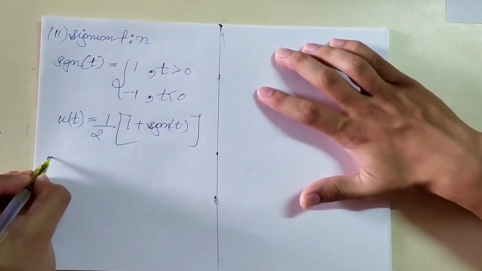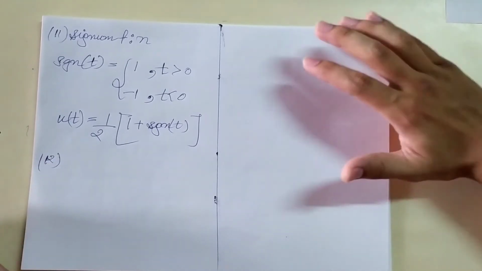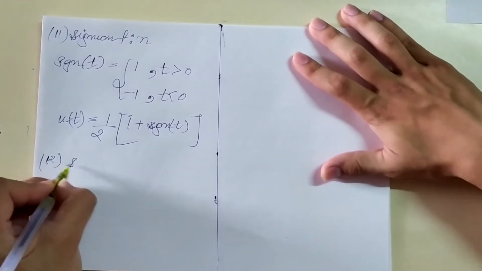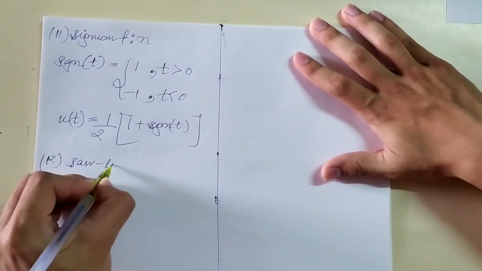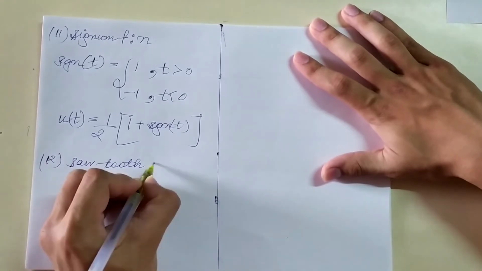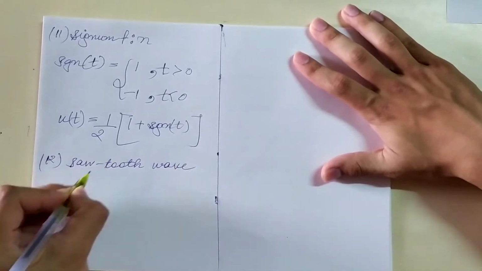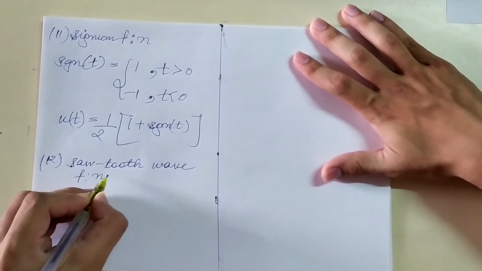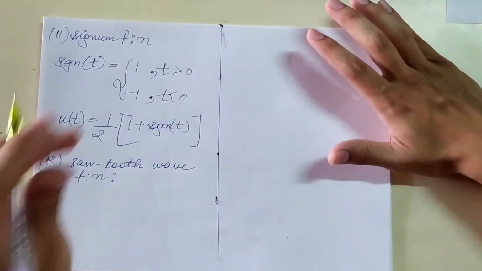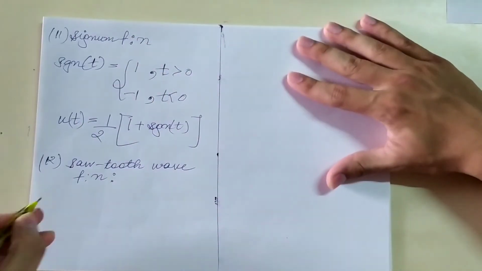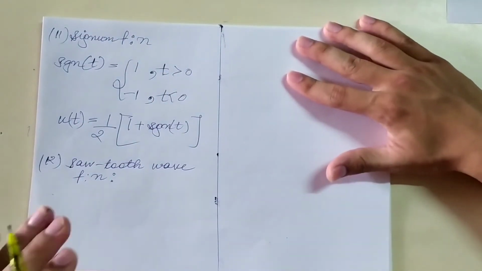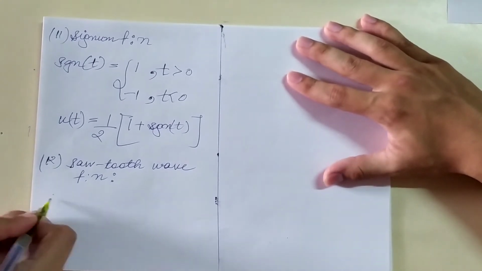Now we come to our 12th function, which is the sawtooth wave function. Its definition is, okay, this is an important function.